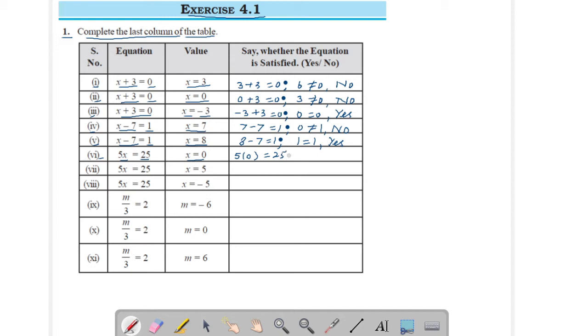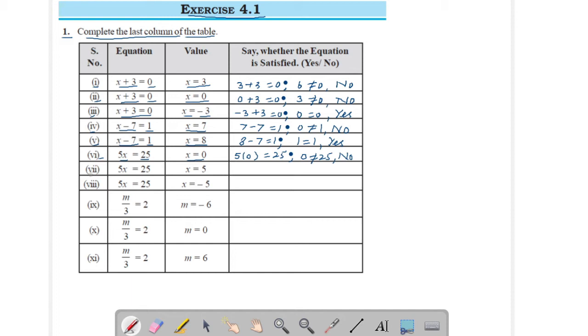And if you solve it, what will you get? 5 into 0 is 0 and it is not equivalent to 25. Here the left hand side is not equivalent to the right hand side. Therefore, your answer is no. This value of x does not satisfy the given equation.